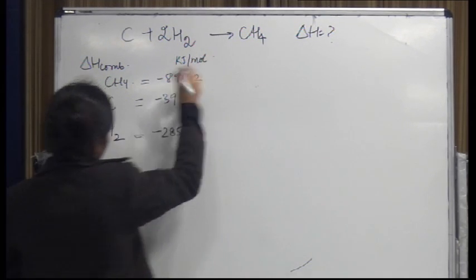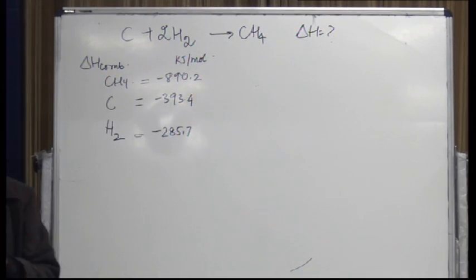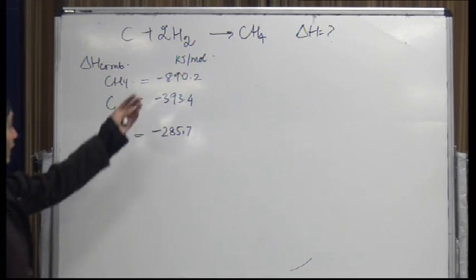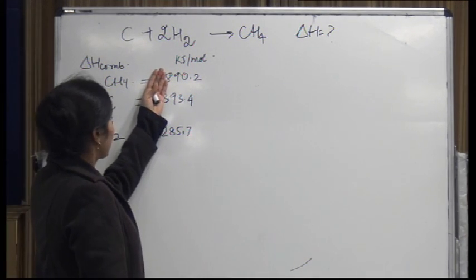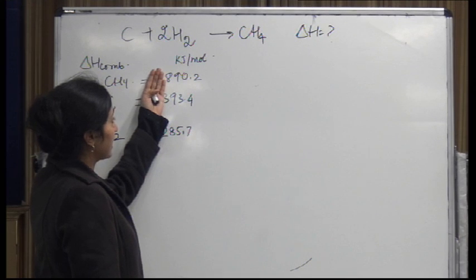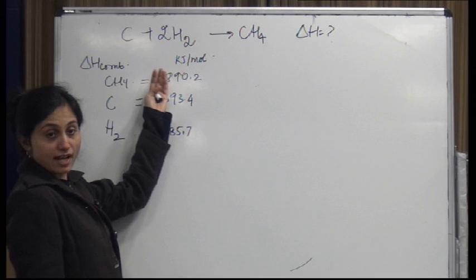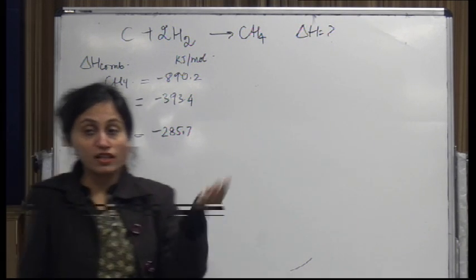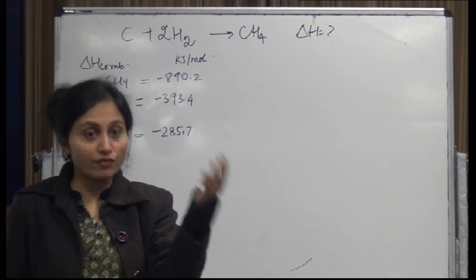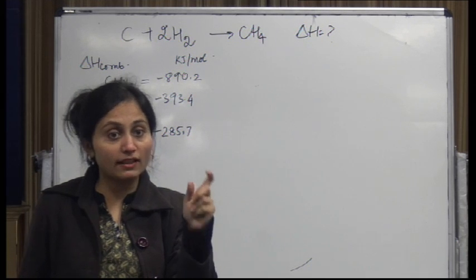Now here remember one thing, in the question it is given that the enthalpy of combustion of methane, graphite and hydrogen is 890.2, 393.4 and 285.7. Combustion means what? Heat is evolved, and whenever heat is evolved your delta H will always be negative.